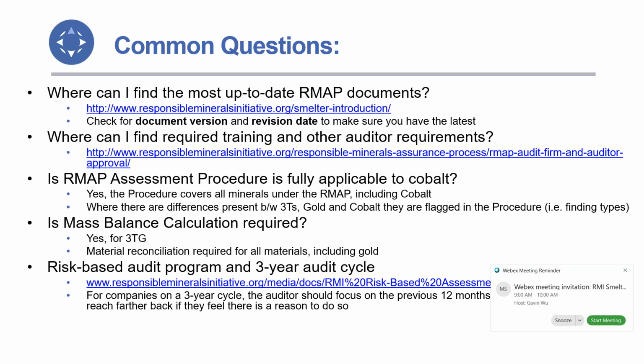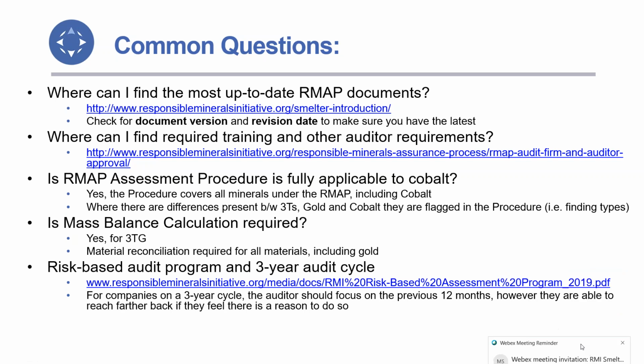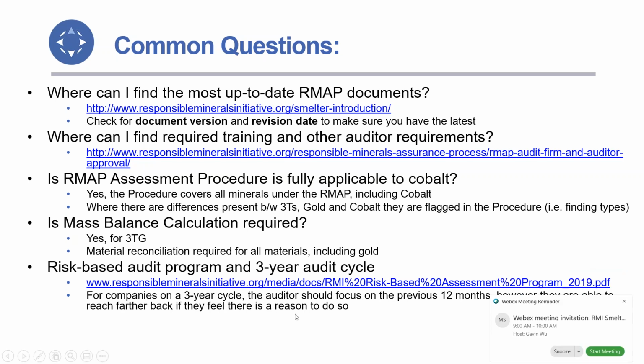Now, for the risk-based audit program and a 3-year audit cycle, we did receive a few questions about that. So for companies on the 3-year cycle, the auditor should focus on the previous 12 months. However, they can reach back further if they feel there is a reason to do so.